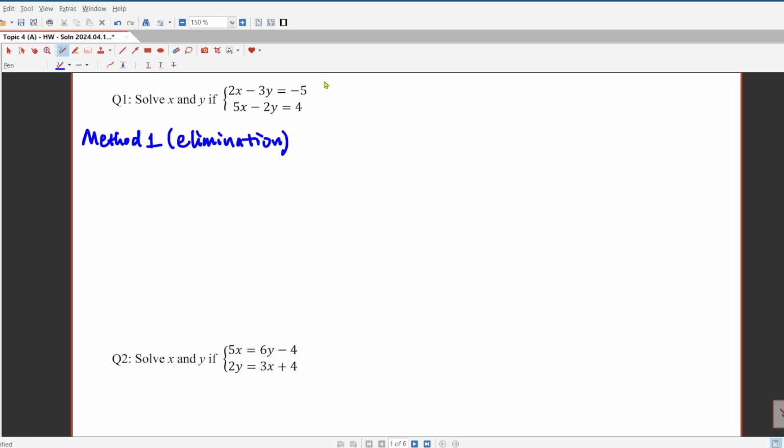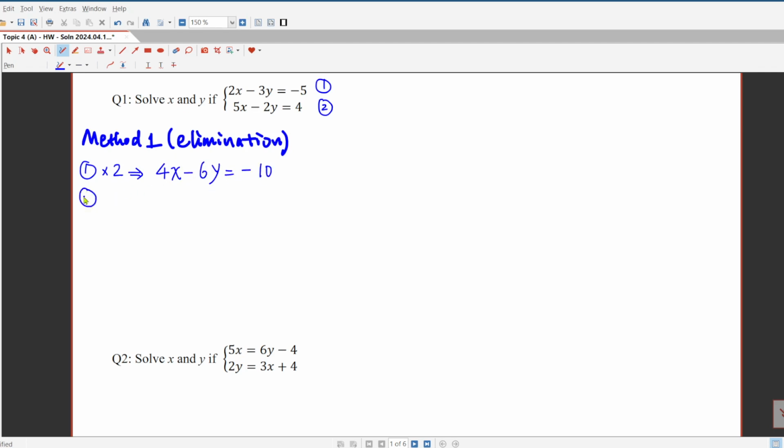For example, let's call them equation number 1 and 2. If you want to eliminate either x or y, for example, let's eliminate y first. Then we should use equation number 1 multiplied by a constant 2, and this gives us 4x minus 6y equals negative 10.